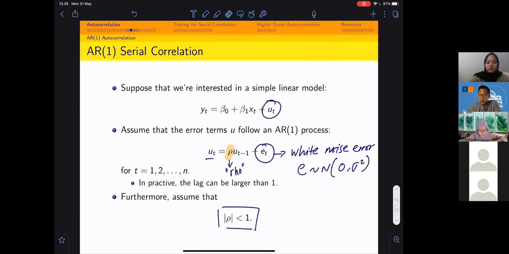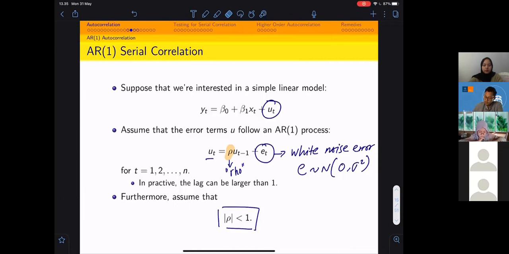It could be negative, it could be positive, however in absolute terms, it has to be lower than 1. That's a mathematical assumption. If you're interested in why we need the absolute value of the autocorrelation coefficient to be lower than 1, you can revisit your mathematics for economics lecture, in particular the difference equation.